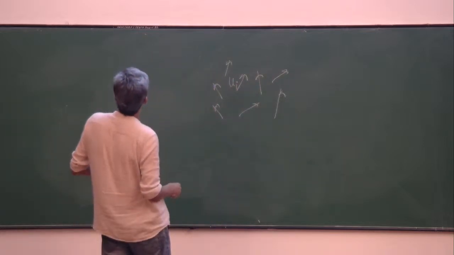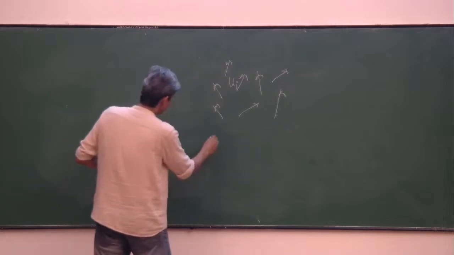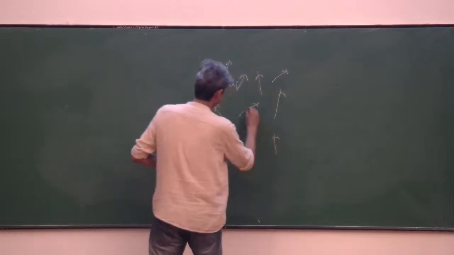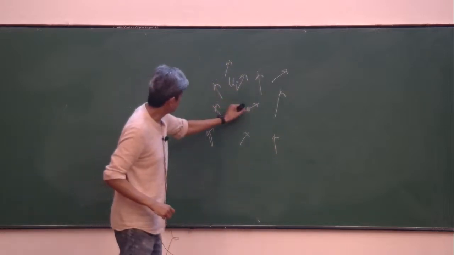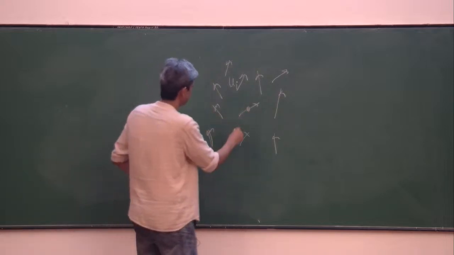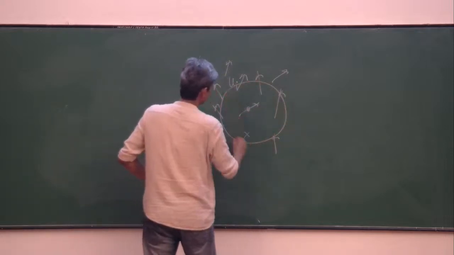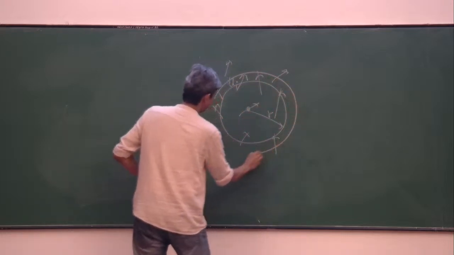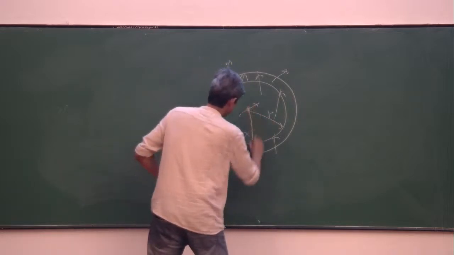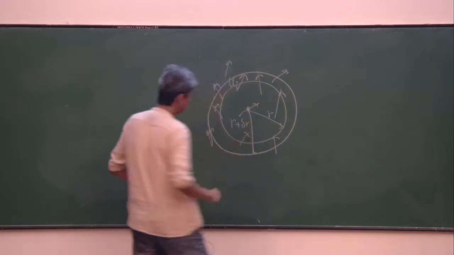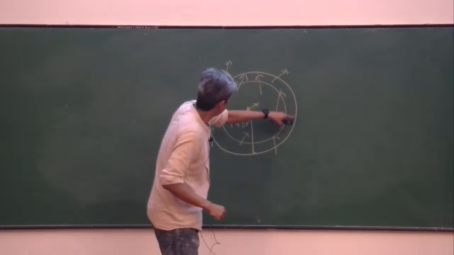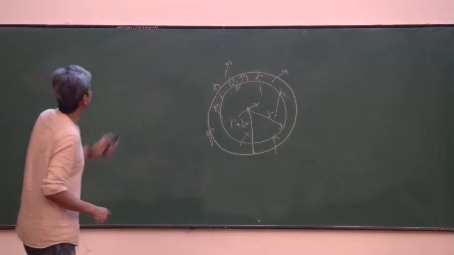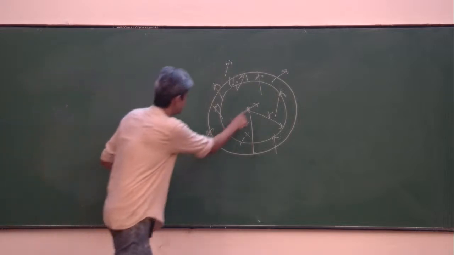Now you take a point at the center of one such particle and draw a radius r, and then take a small annulus of radius r plus dr. Whatever cells are there within that annulus, you calculate this quantity with respect to this ith particle.